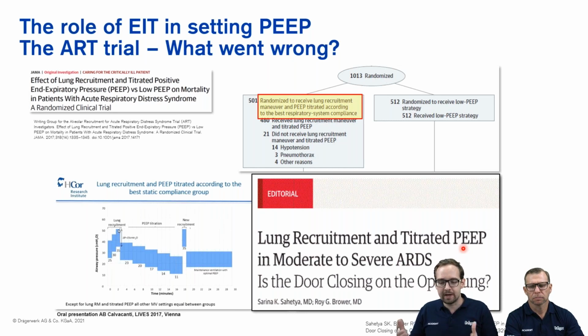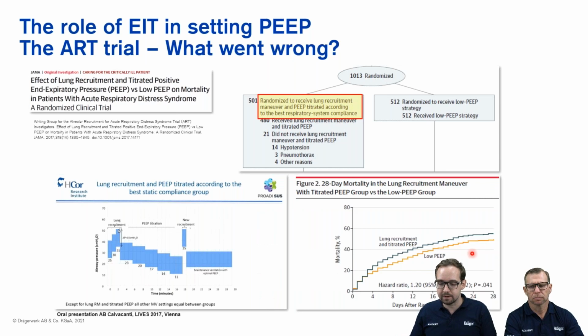So really to understand what might have caused this higher mortality, we need to look a little bit at the study design. And if you see right here, the different groups were assigned by randomization. You can see in the study protocol, it was not defined which patient would receive a lung recruitment maneuver.